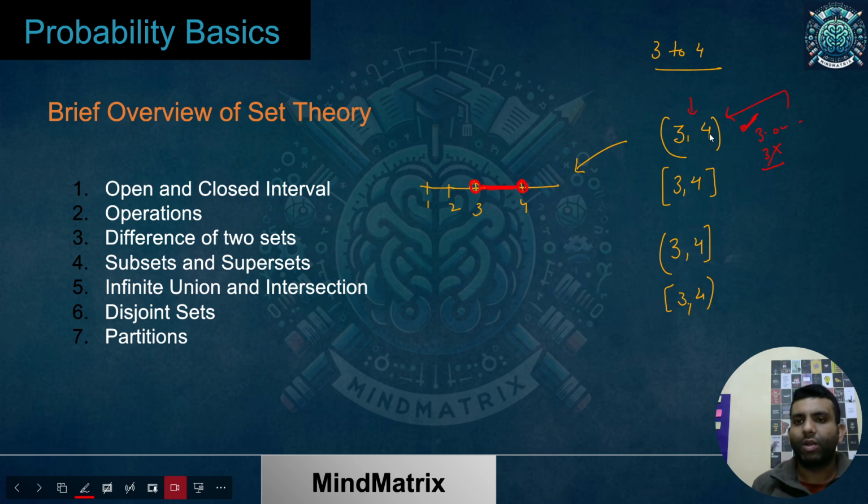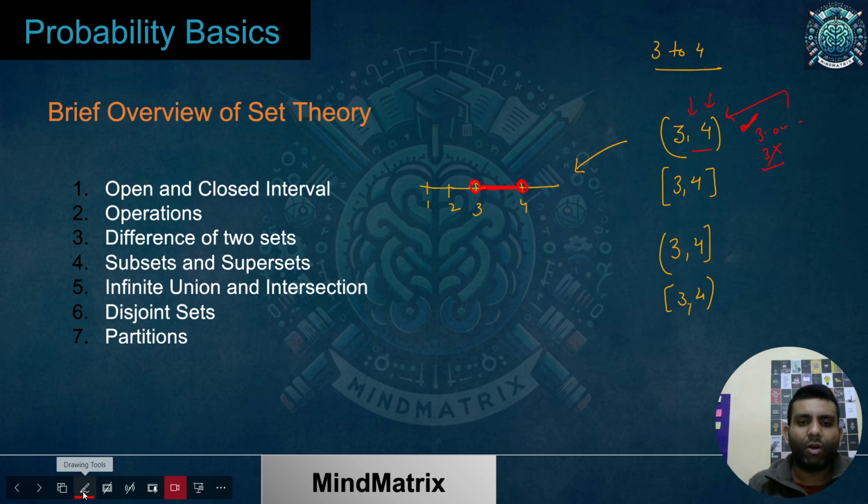Similarly for 4, when we are talking about 3 to 4, 4 will never be part of it, but any number less than 4 and greater than 3 will always be part of this interval. So it can be 3.999999999, up to whatever number of times you want. Then that number belongs to this range, but you can never say that 4 belongs to this interval. And that is represented by this.